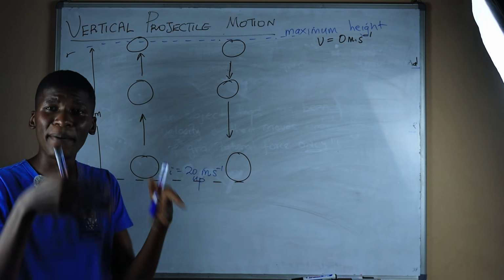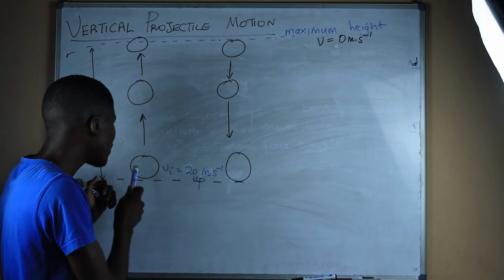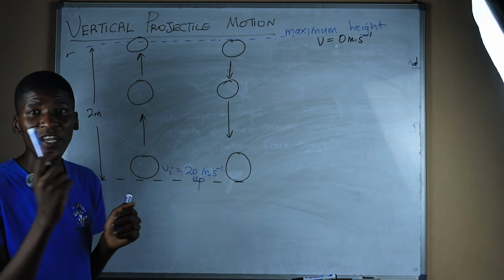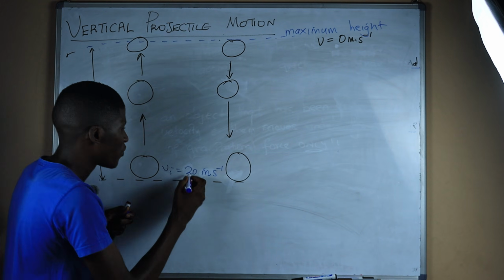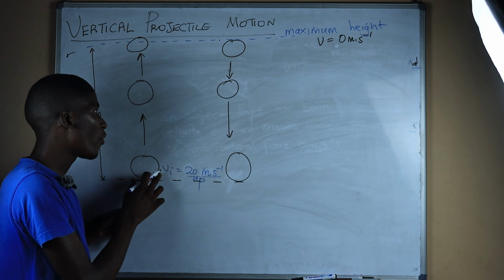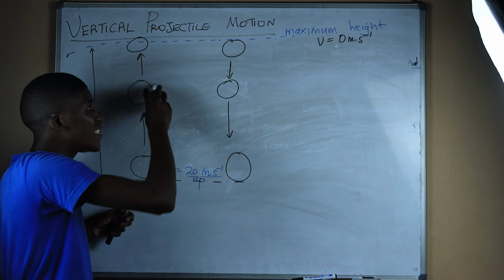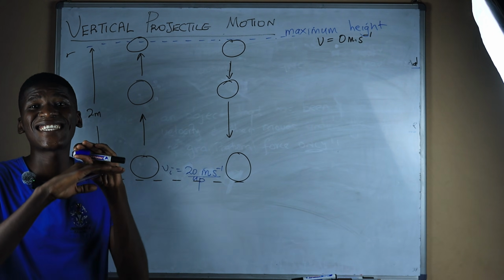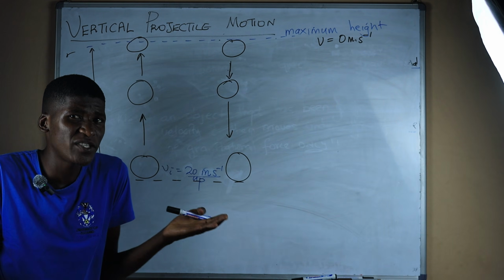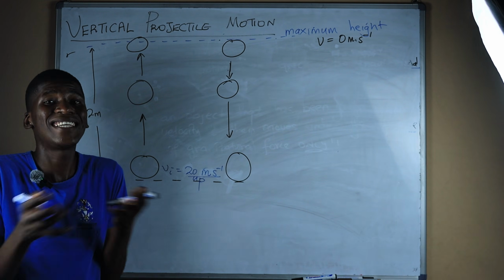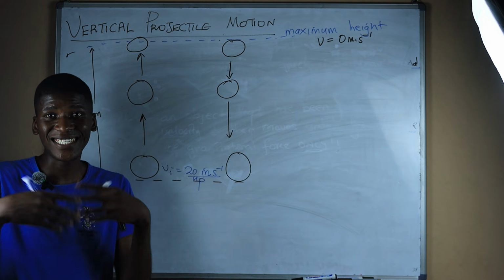Since it started with 20 meters per second, when it goes up, it will decrease, and decrease again until it reaches 0. When it reaches 0, it simply means that it cannot continue decreasing anymore. It has stopped, because 0 velocity means that it has stopped or it is at rest.